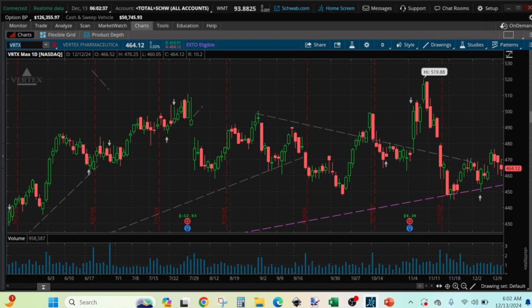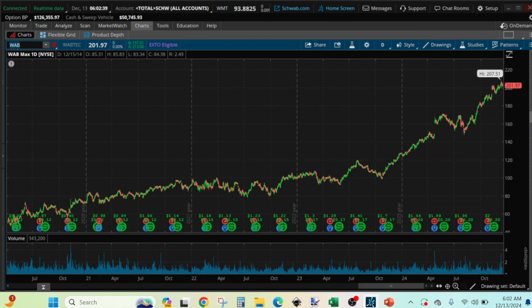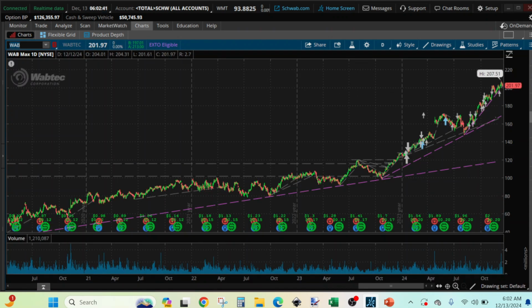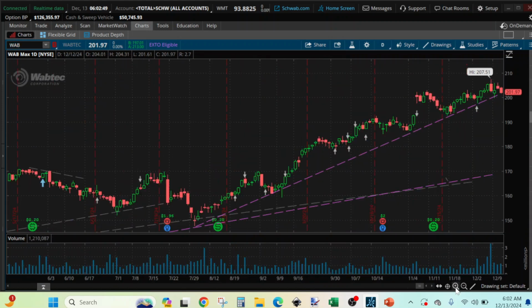WAB. So in a short period of time, you might see those fluctuations, positive in your account one day, negative in your account another day, and so forth. So we bought this one on this trend line here, and you can see it's pretty much doing those things around it.